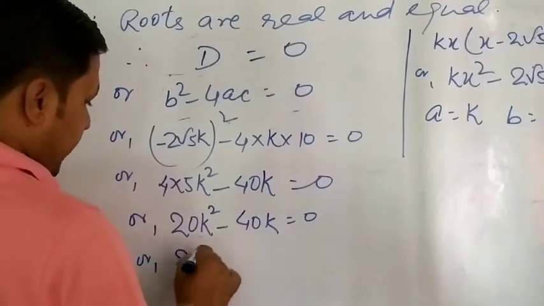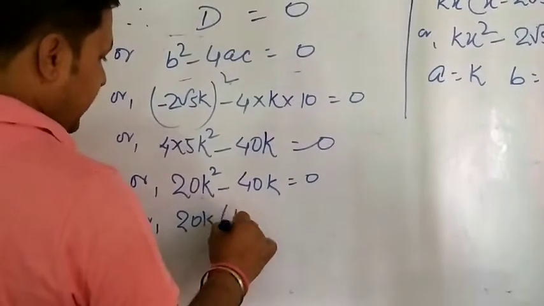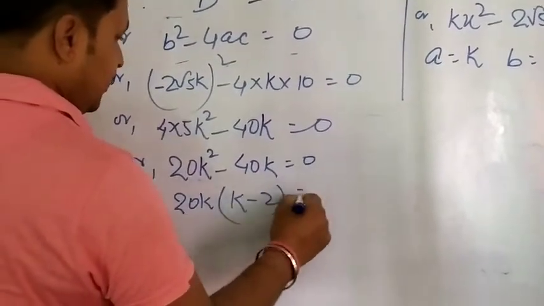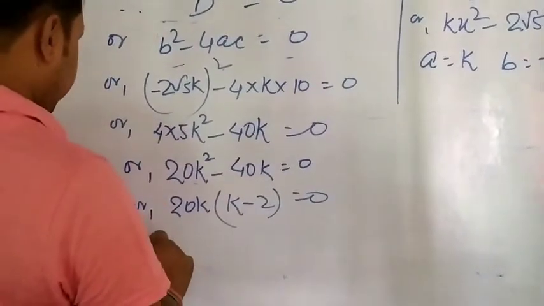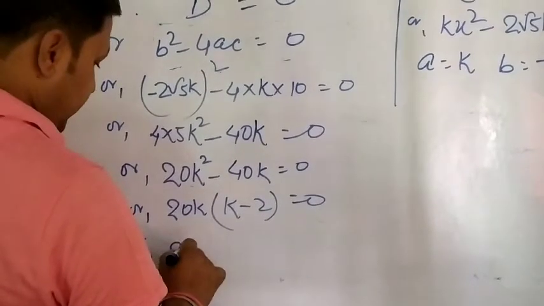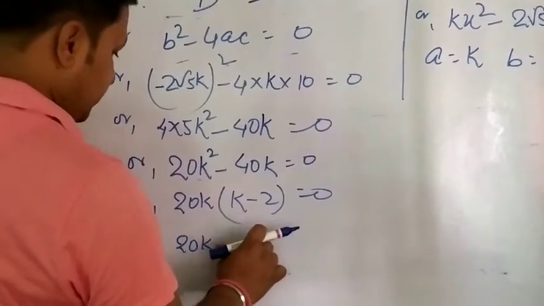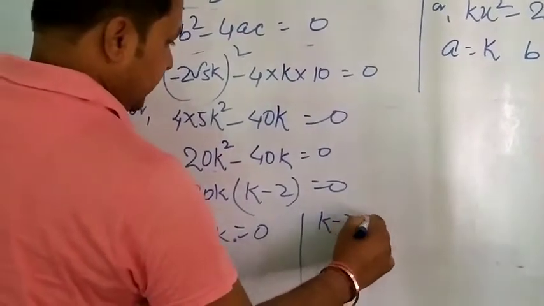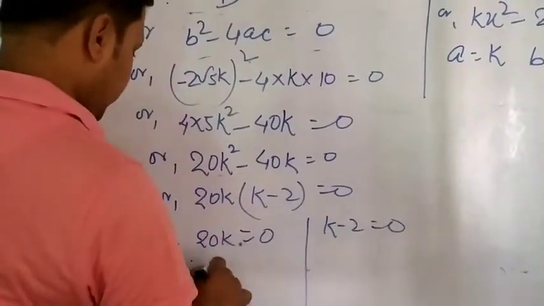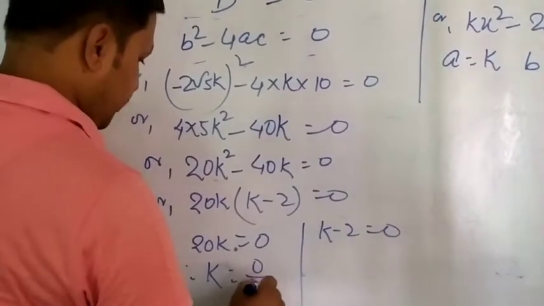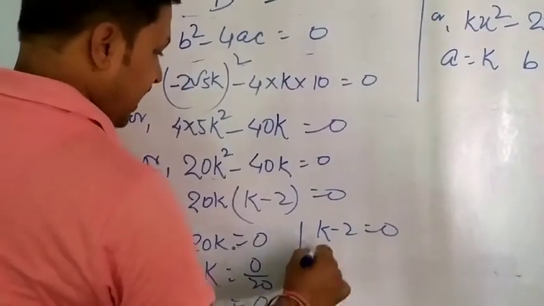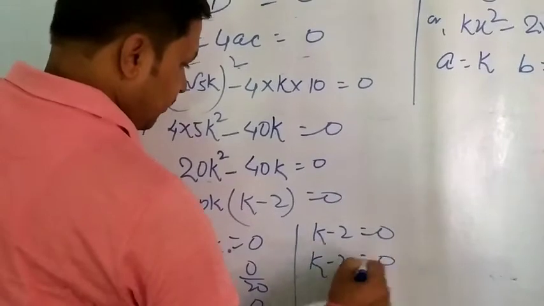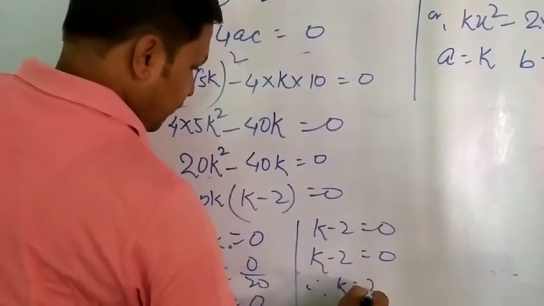Now we take 20k common, so 20k into (k minus 2) equal to 0. So the first factor is 20k equal to 0, and the second is k minus 2 equal to 0. So k equal to 0 by 20, that means 0, and k minus 2 equal to 0, that means k equal to plus 2.